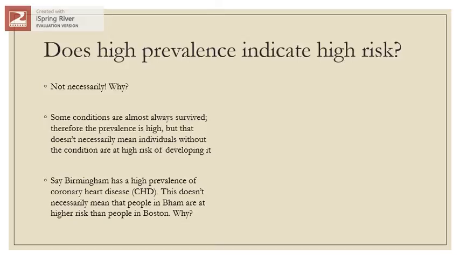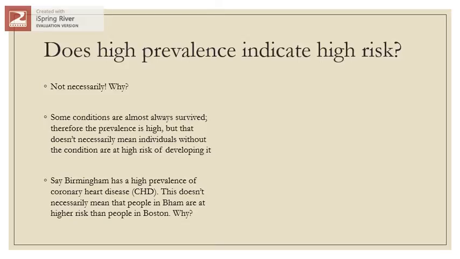What if in Birmingham, 10% of the population has coronary heart disease, and in Boston, 4% has coronary heart disease? Does that mean that living in Birmingham puts you at higher risk than living in Boston? Not necessarily. We can't say that for sure.